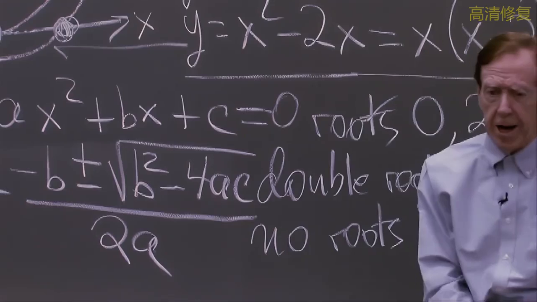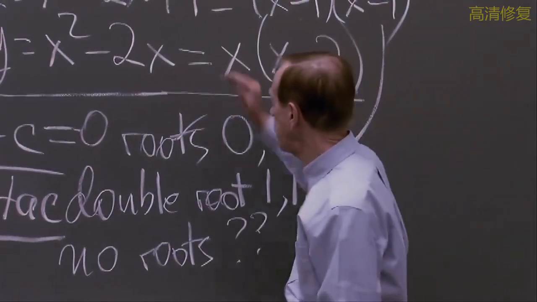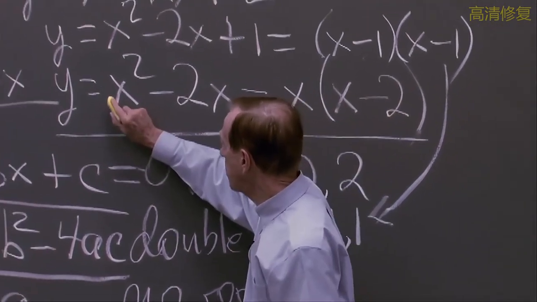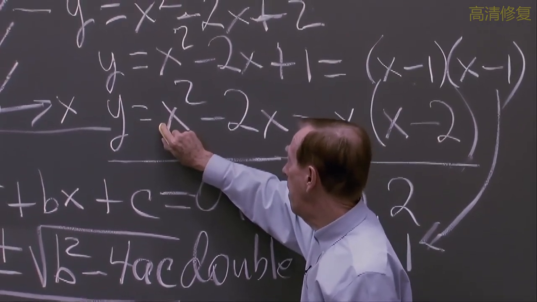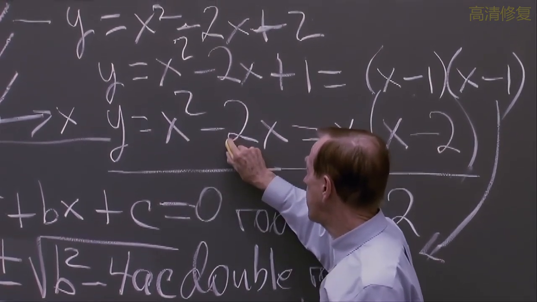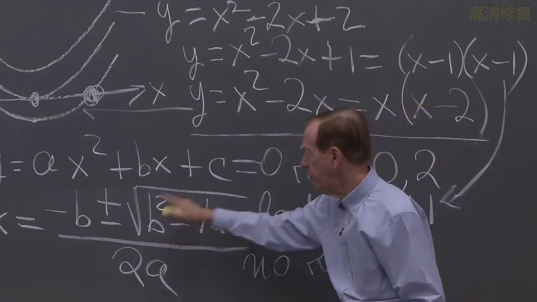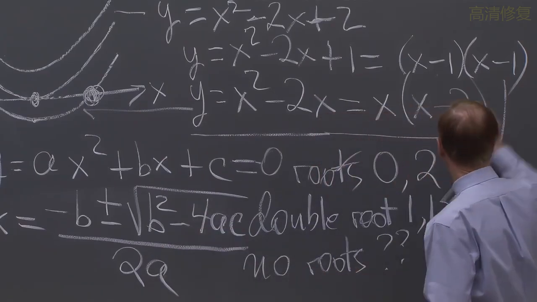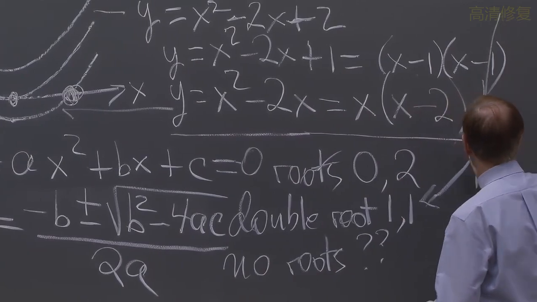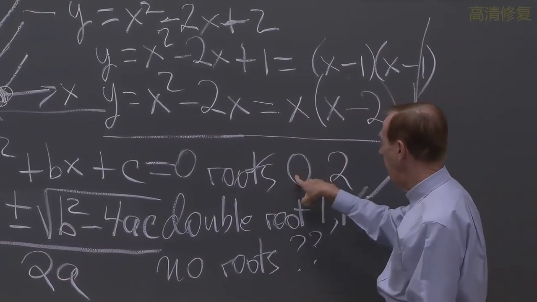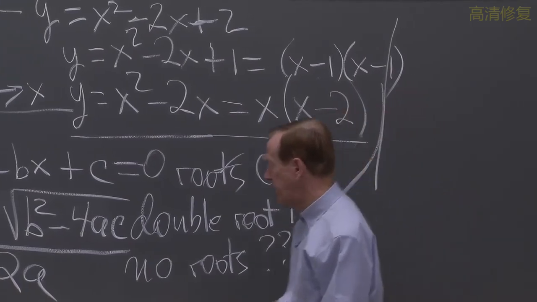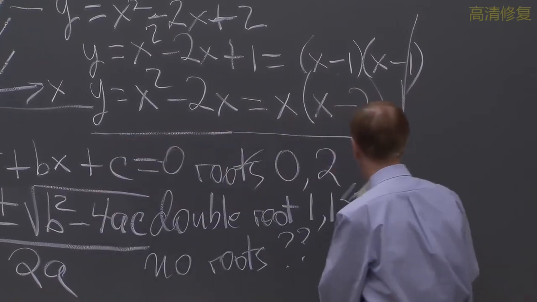Oh, well, let's just check it on the ones that worked. So this was the case when a was 1, b was minus 2, and c was 0, right? Can I try this formula, hoping to get this answer 0 and 2? Let's just see if I do.